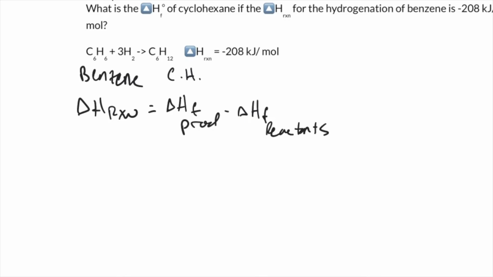So I know my heat of reaction, that's minus 208 kilojoules per mole. I'm trying to figure out what the heat of formation of cyclohexane is. That's my delta HF for cyclohexane.